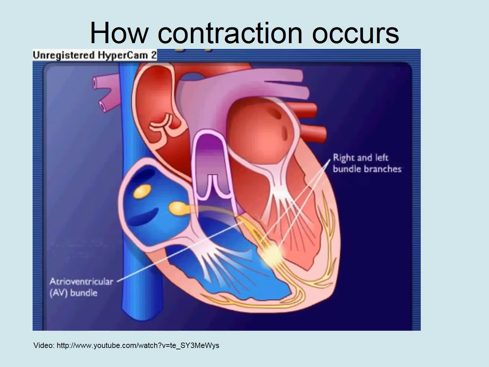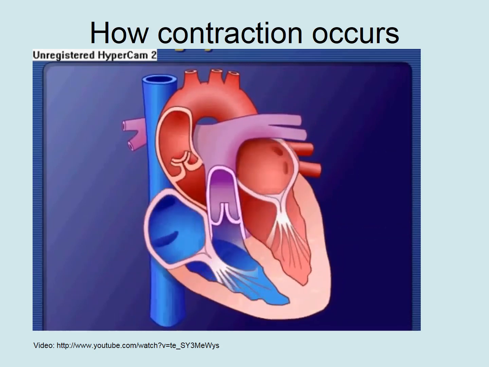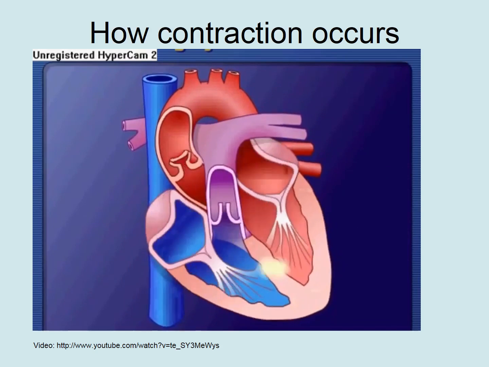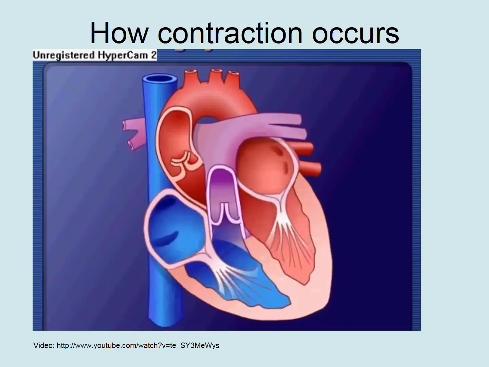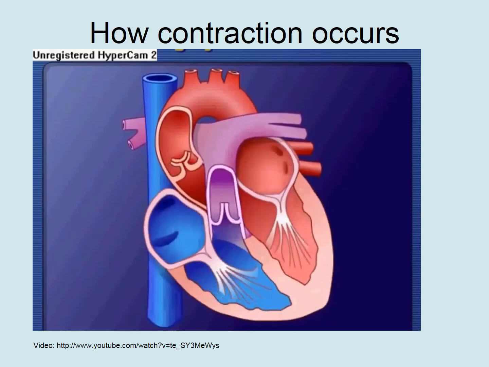At this point in time, the atria have contracted. We then get passing of the signal through the bundle of His to the Purkinje fibers, which wrap from the apex up to the lateral margin of the heart. This causes a wave of depolarization followed by a wave of contraction that mirrors how depolarization will pass.